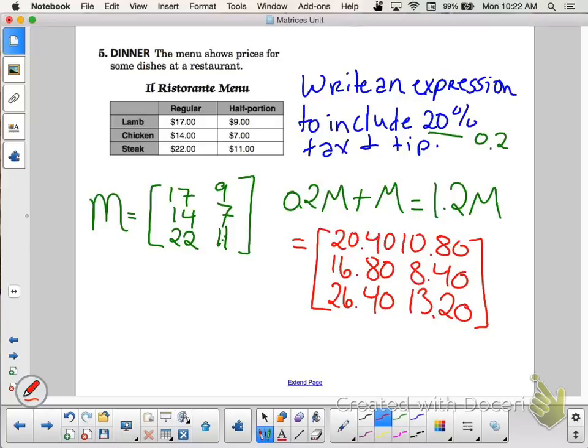Looking back at this matrix, so this is 1.2 times M. Looking back at this M matrix, before we include tax and tip, what is the price difference for lamb between the regular portion and the half portion?